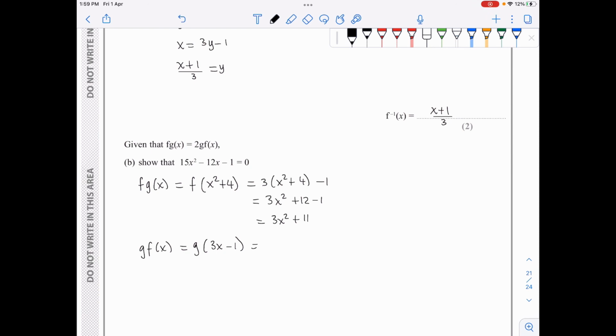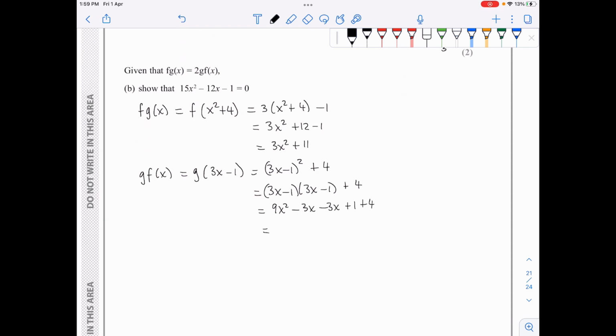So this will be 3x minus 1 all squared plus 4. I will write out the two brackets, expand them carefully, collect the like terms to see what we got. It's 9x squared minus 3x plus 1 plus 4, which is 9x squared minus 6x plus 5.